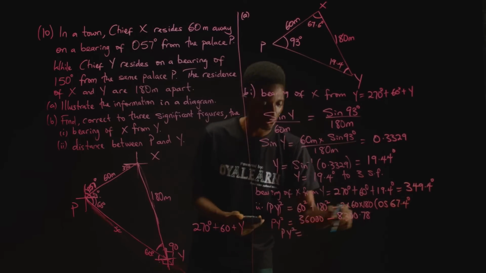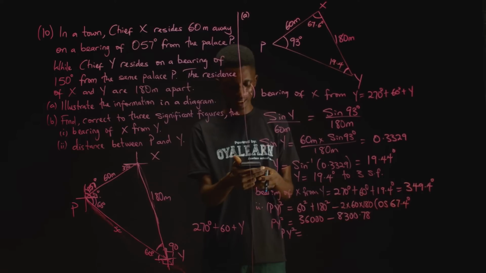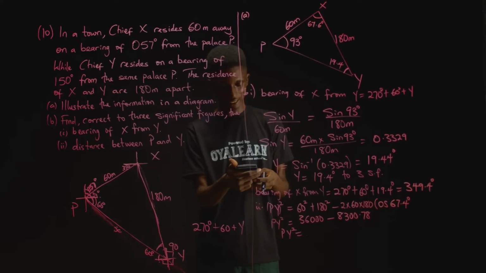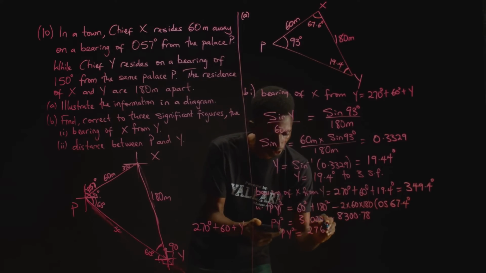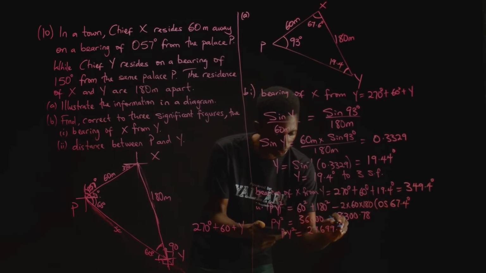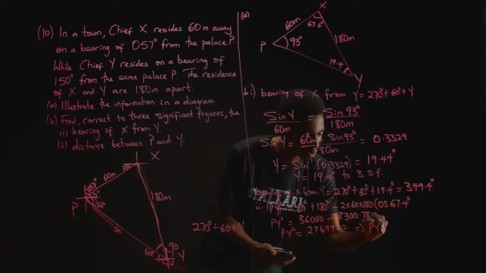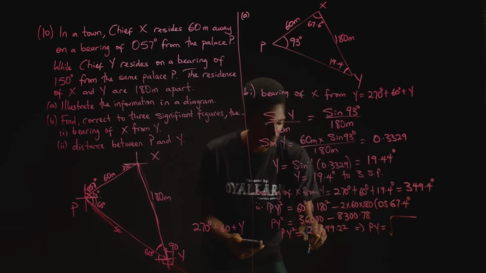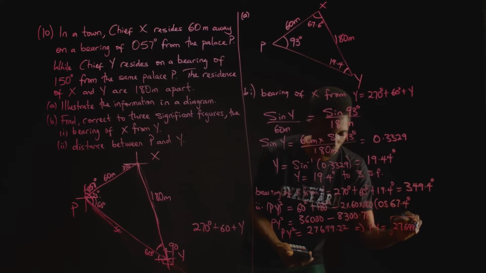So that is PY squared equals, now when we find the difference here, 36,000 minus 8,300.78. That will give us 27,699.22. And this implies that PY equals the square root of this, which is 27,699.22.